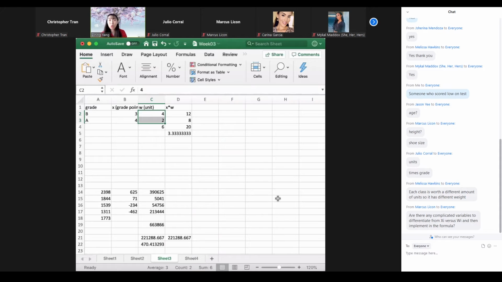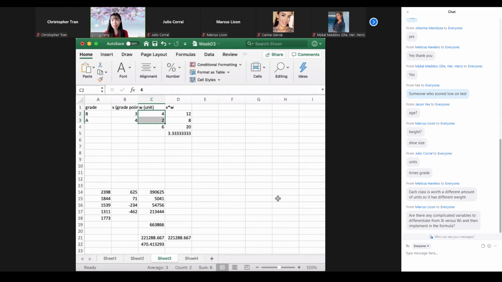That's a good question. So basically we're asking how to differentiate what is x and what is w, right? What do you use as the weight? So typically the weight will be represented as the relative importance. So it may be like time spent on something, right? It may be like units.